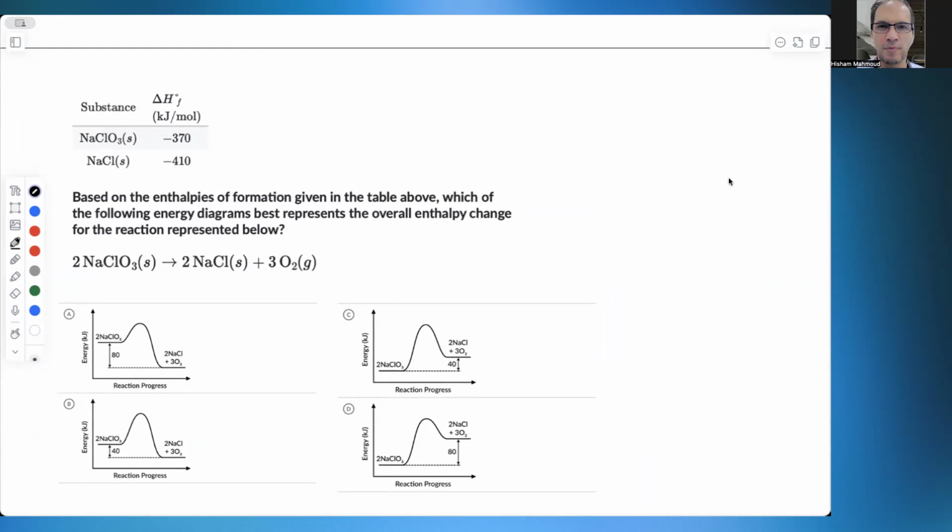Is this an exothermic or endothermic reaction based on the values? Then you can decide which diagram is the correct one.